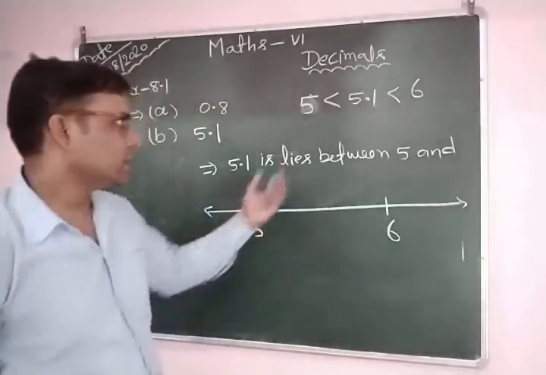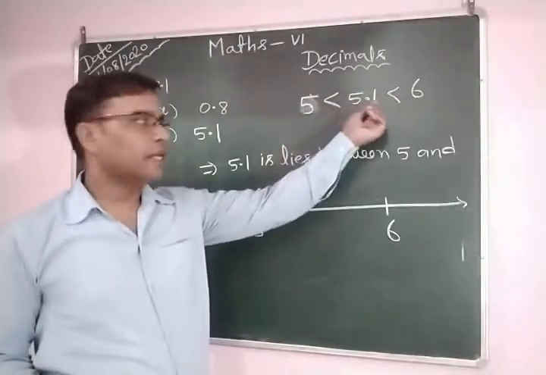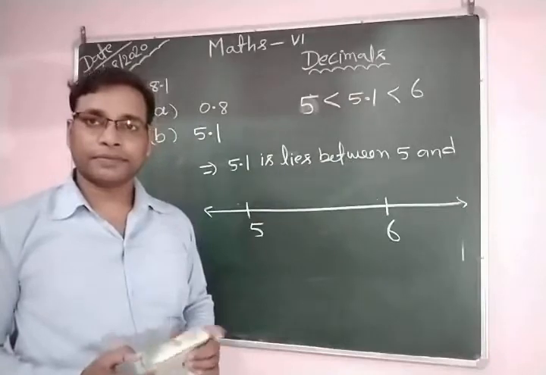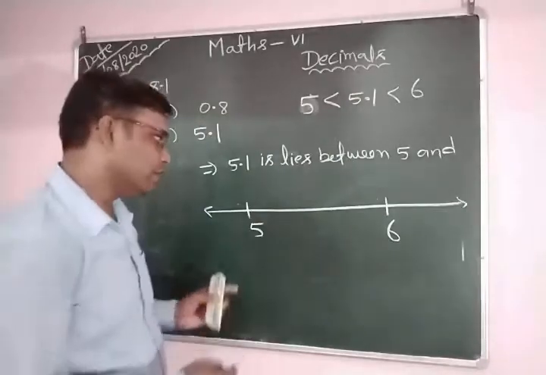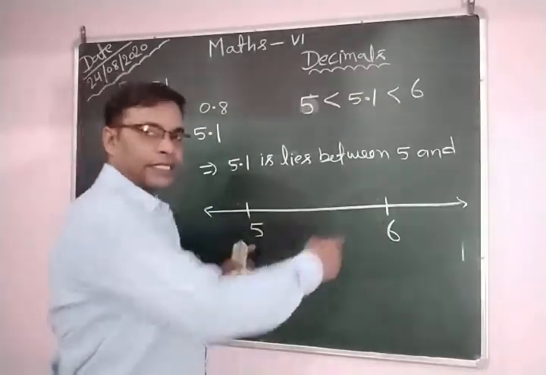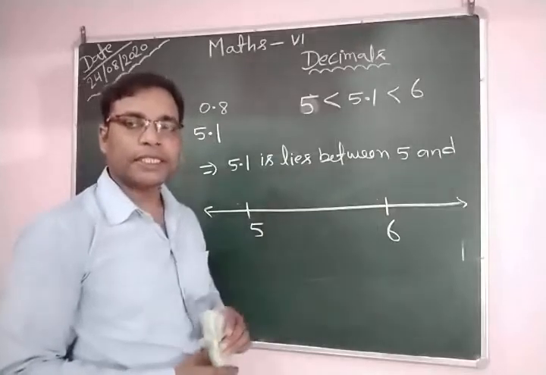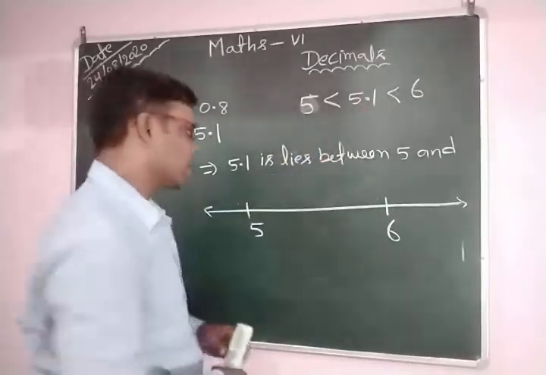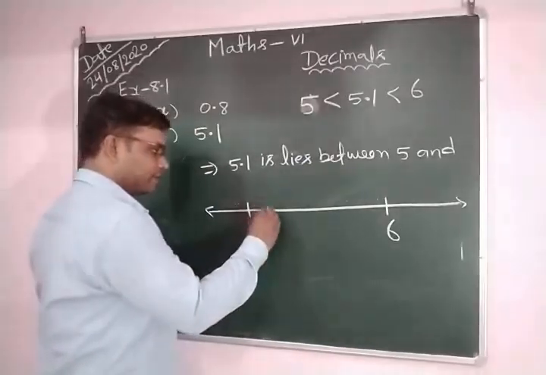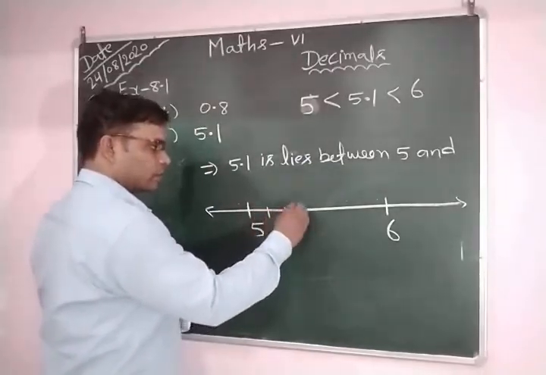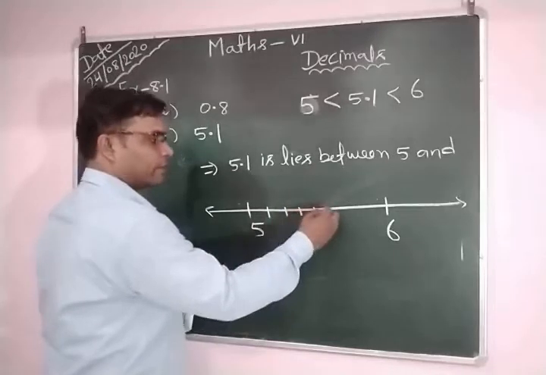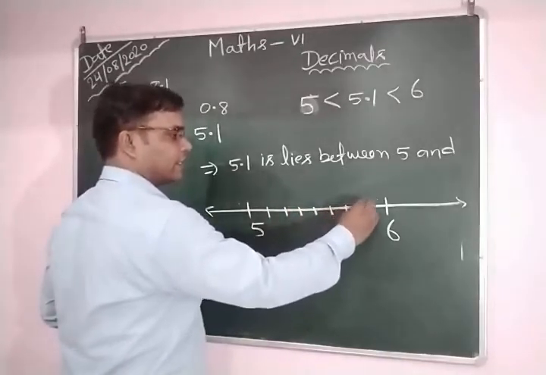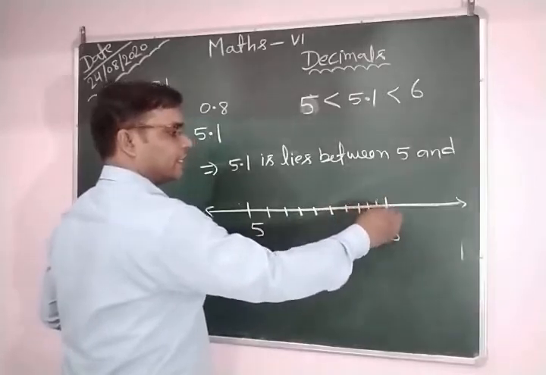So this is 5.1, and the 1 is in the tenths place, so we divide the line segment between 5 and 6 into 10 equal parts, because this is the tenths place. Okay, so you can write 1, 2, 3, 4, 5, 6, 7, 8, 9, 10.